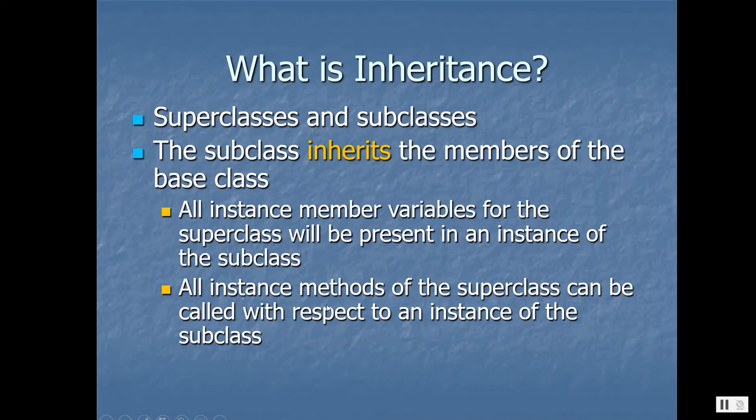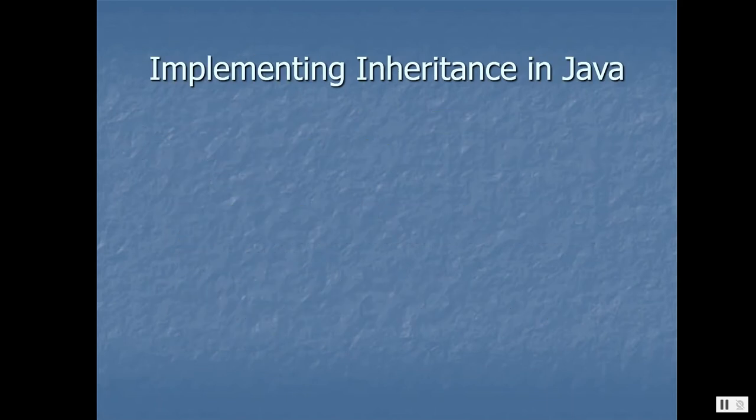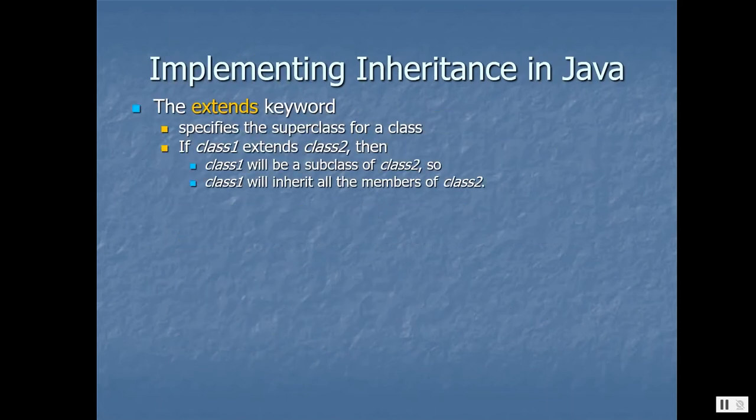Another thing to note is that instance methods of the superclass can be called with respect to an instance of the subclass. And that's one of the very nice things about having subclasses, that we can reuse, make use of already existing functionality without having to basically reinvent the wheel. So how do we do this in Java? Well, first of all, there's a keyword called extends.